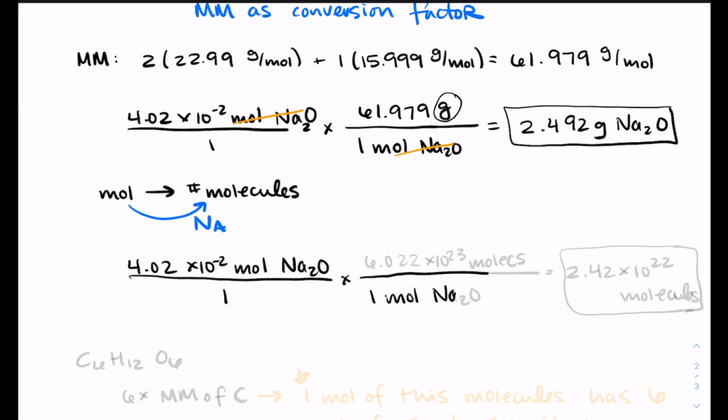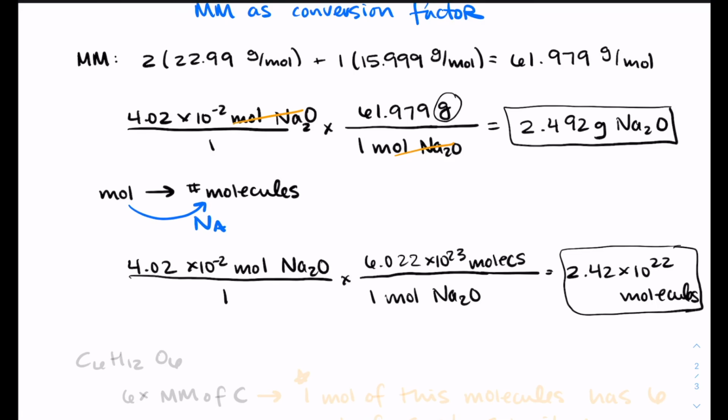So I know that I will be weighing out 4.02 times 10 to the minus 2 moles, and that 1 mole of anything is 6.022 times 10 to the 23rd molecules or atoms, in this case molecules. So if I have the 6.022 times 10 to the 23rd in the top and then moles in the bottom, moles will cancel. And this will give me 2.42 times 10 to the 22nd molecules.